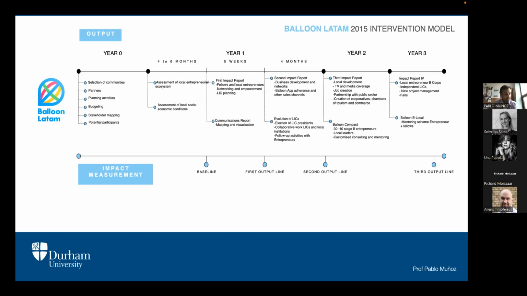He got trained with J-PAL on RCTs, randomized control trials, and went like crazy with social impact measurement. He wanted to show that the work he was doing was effective, and there were lives being transformed as a result of the intervention. So there was a baseline assessment, an output line, a second line, a third. So it's measuring down the line.